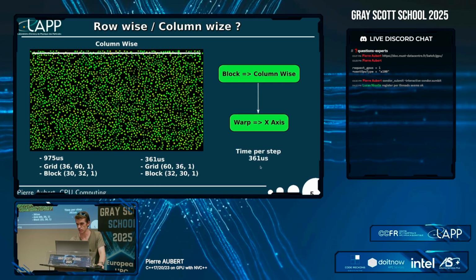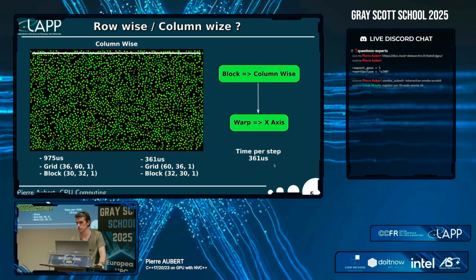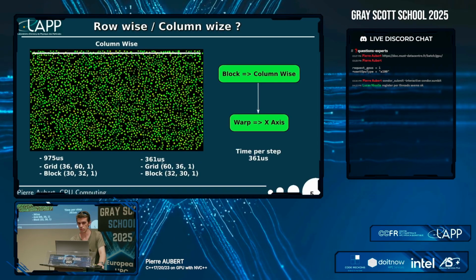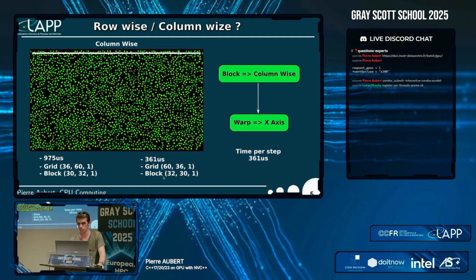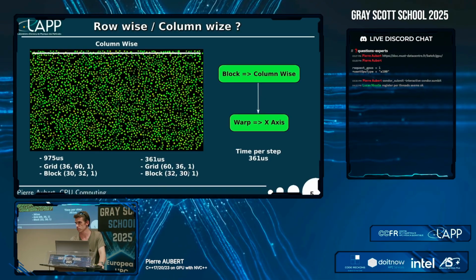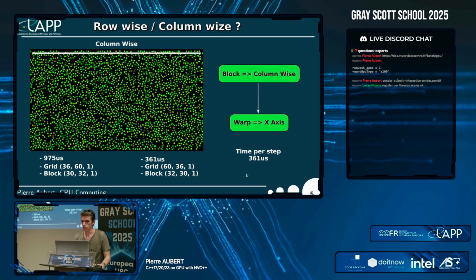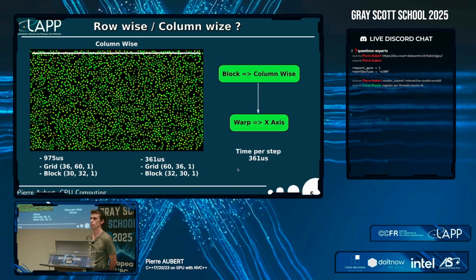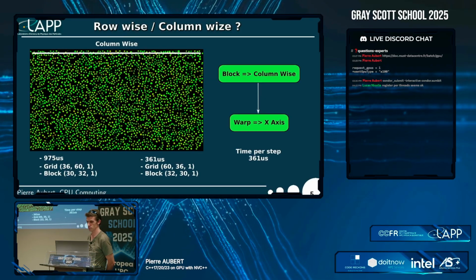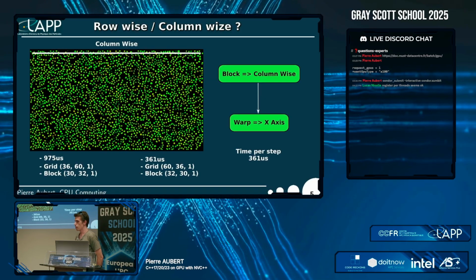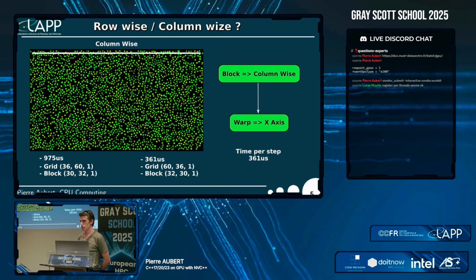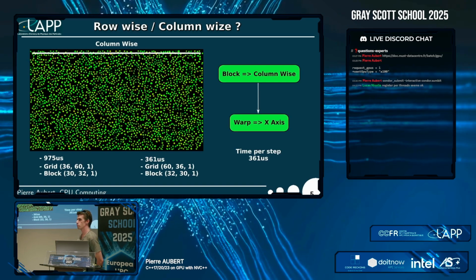And then I get 361 microseconds for this computing. So more than a factor of 2 just by transposition. That's a lot. And it's easy to get lost. Of course, you may have noticed, for those who succeeded to launch this test, at some point you will have a problem because you change the size of a block.